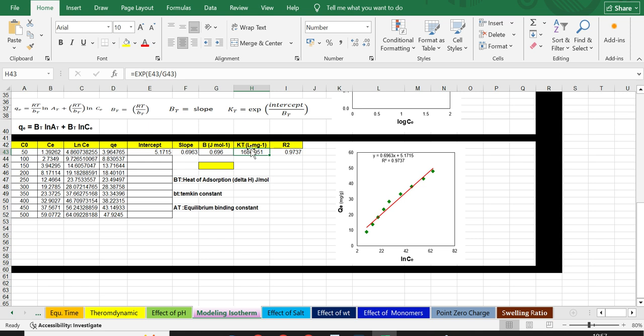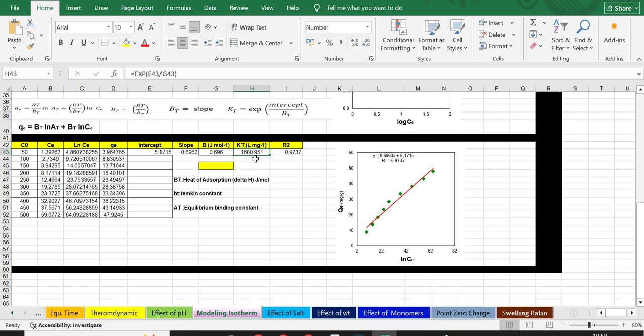So in this way you can calculate BT and KT values, and generally the KT or AT value, that is the Langmuir constant, is generally high as compared to the BT value. Okay, so if you get this kind of high value like 1680, 1800, 600, there is nothing to worry about. Sometimes you get very small values, in points.